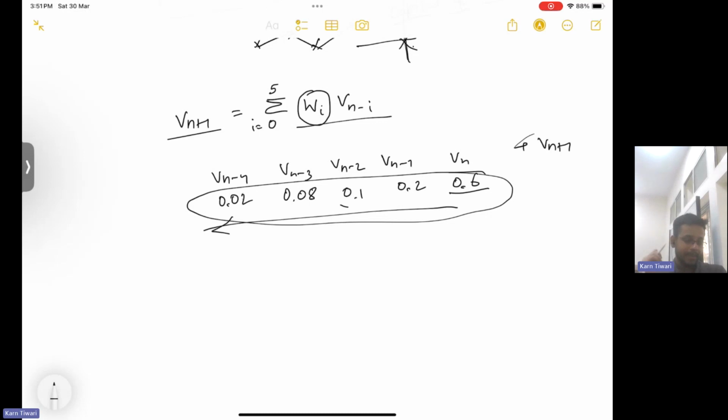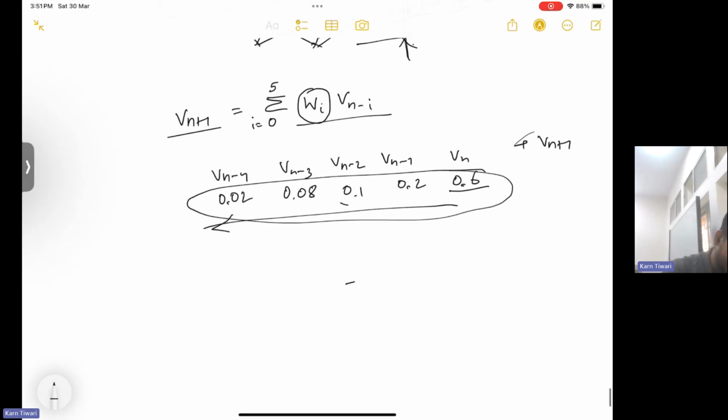Suppose I am riding, and I know my velocity at 55 seconds, and I want to know what my velocity is at 60 seconds, and I also know the velocity at 50 and 45.